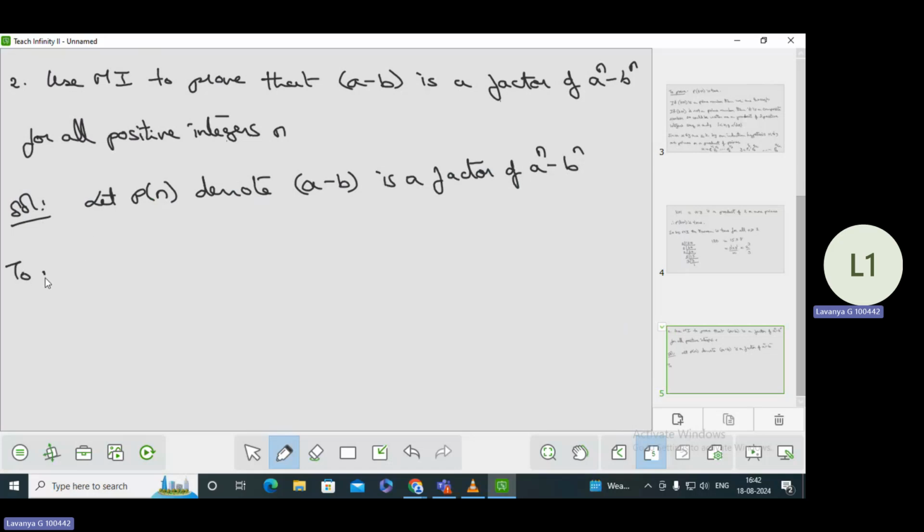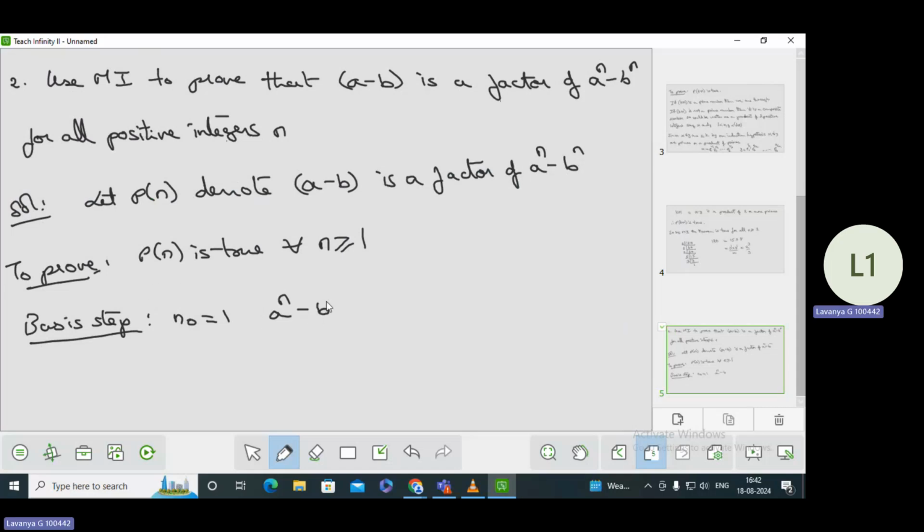Now I have to prove P of n is true for every n greater than or equal to 1, because positive integer 1 is included. So for my basis step, my n naught should be 1.